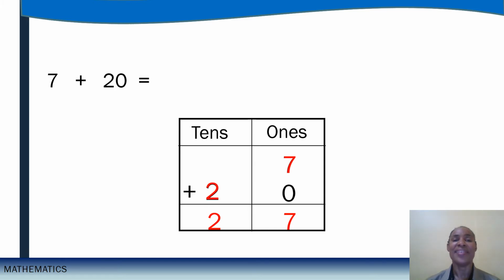There we have it. We have 2 tens and 7 ones, which is the same as 27. So 20 added to 7 gives us 27. Boys and girls, you are doing so well with this. Soon you'll be able to add multiples of 10 to numbers less than 10 without using a place value mat.